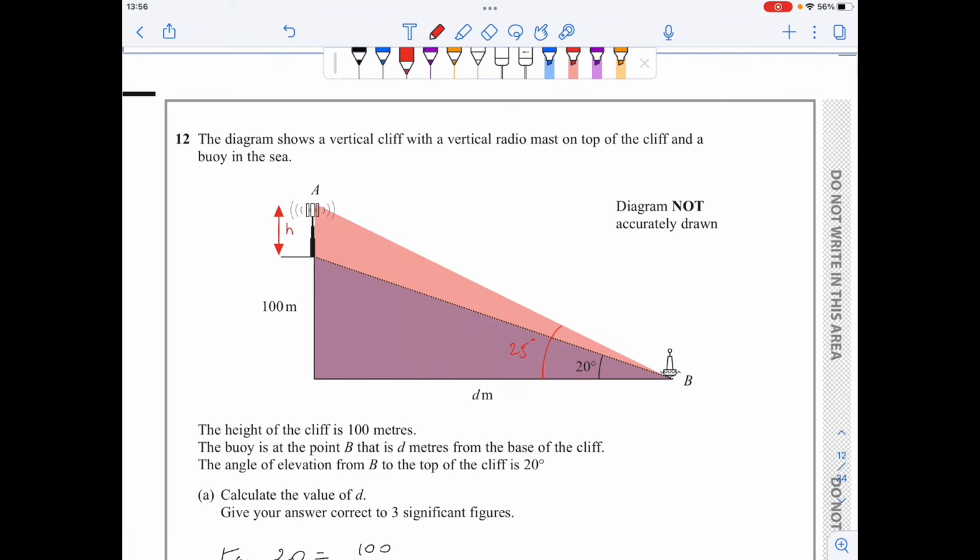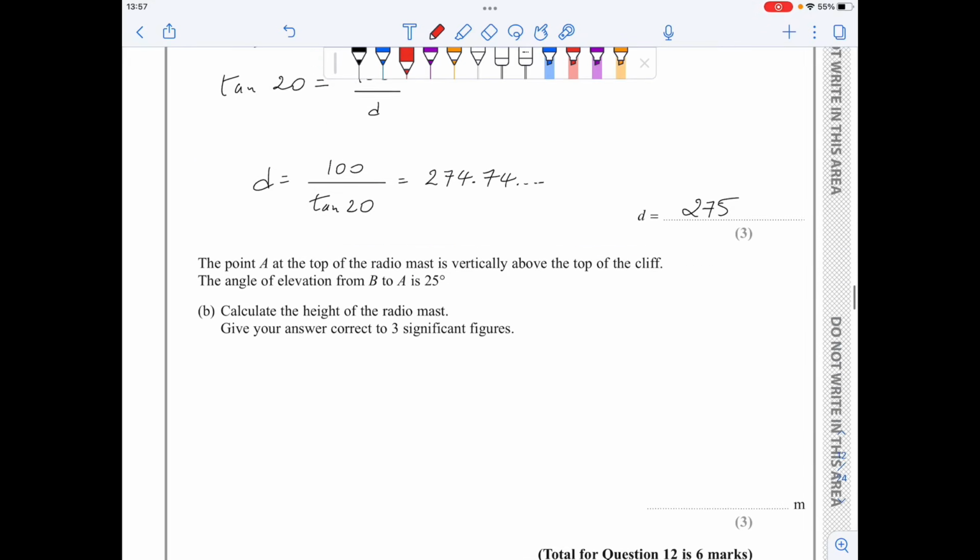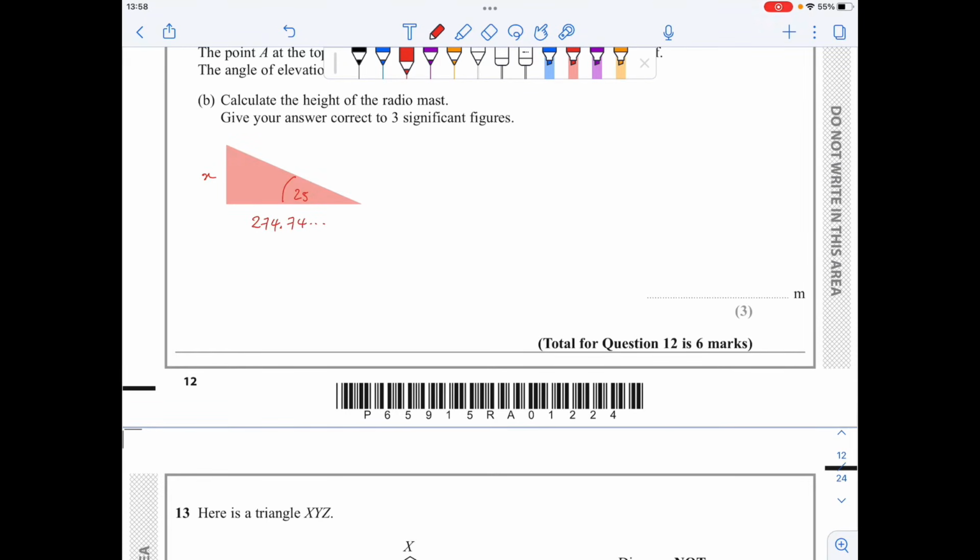And to do so, I will first find the vertical height of this triangle and subtract 100. So using the red triangle, I can use right angle trigonometry again. So tan of 25 equals opposite over the adjacent.